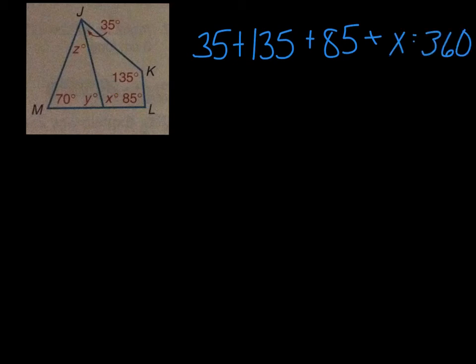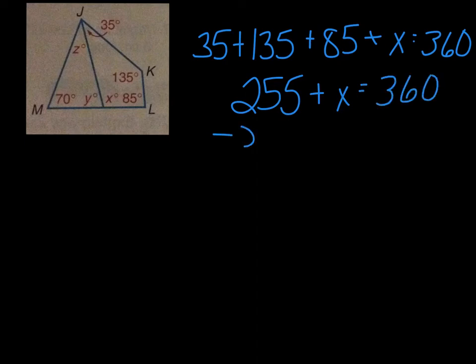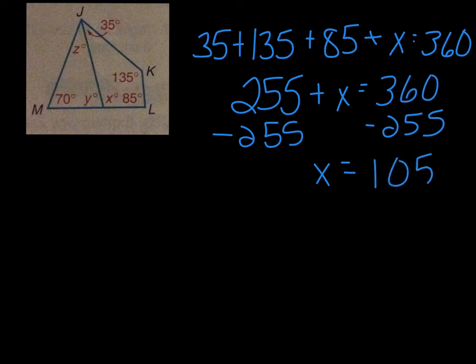When I add all of those up, I get 195 plus x equals 360, and then when I subtract 195 from both sides, x equals 165 degrees.